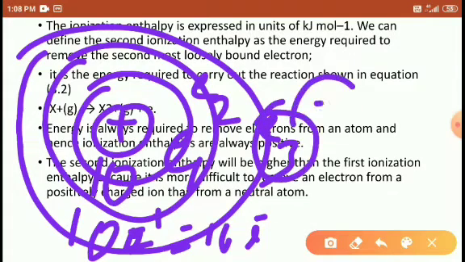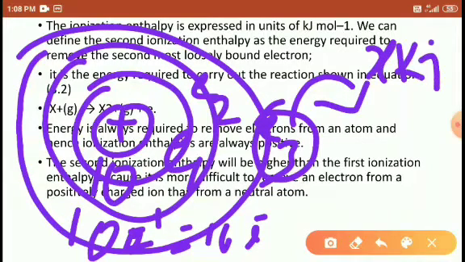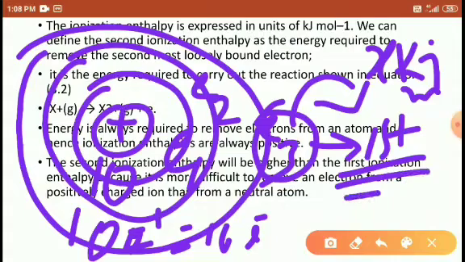When I remove an electron using some sufficient energy, say X kilojoule per mole, to remove this electron, this first outermost electron removal is called the first ionization enthalpy.